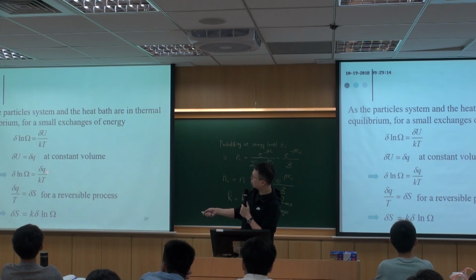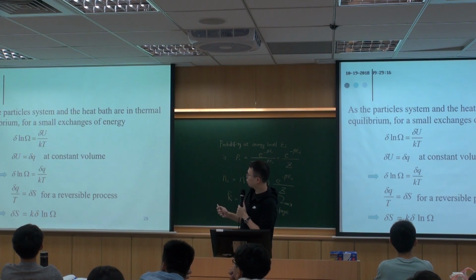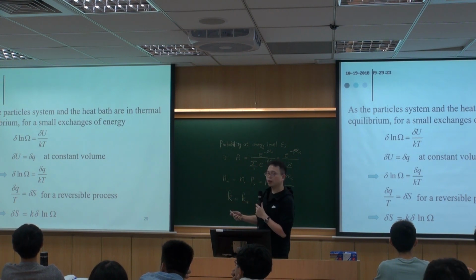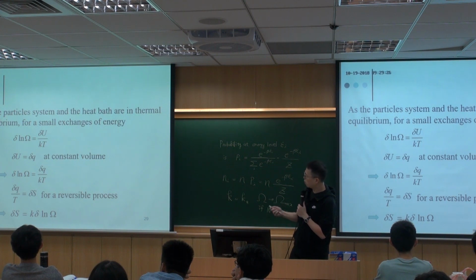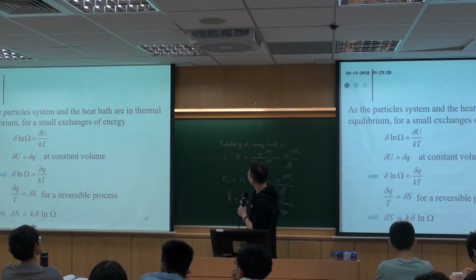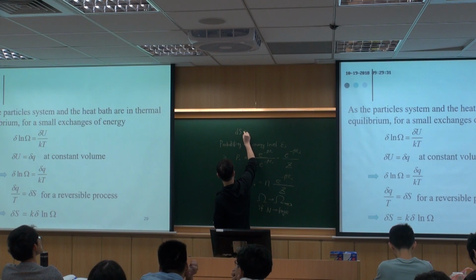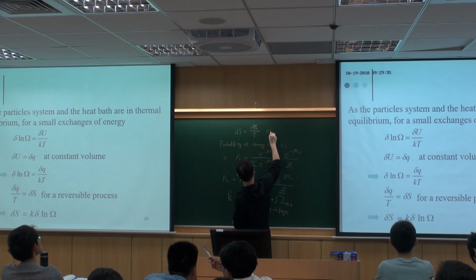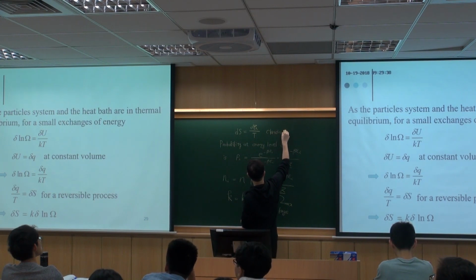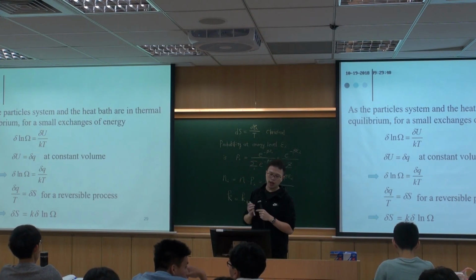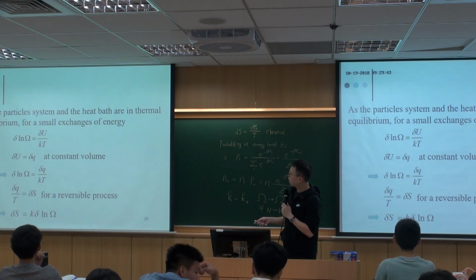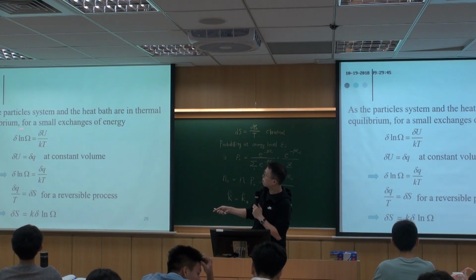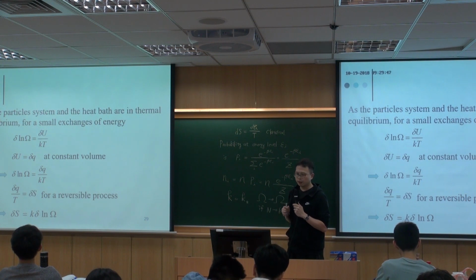It turns out that from classical thermodynamics, we already know that this is actually delta S, right? Because in classical thermodynamics, we already define dS as dQ over T. This is from classical thermodynamics, and this is from statistical thermodynamics.